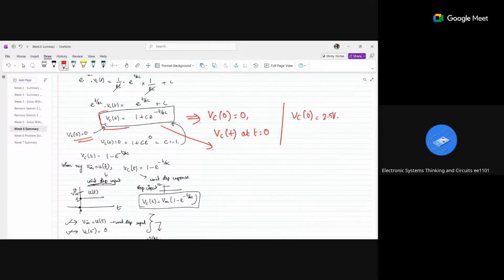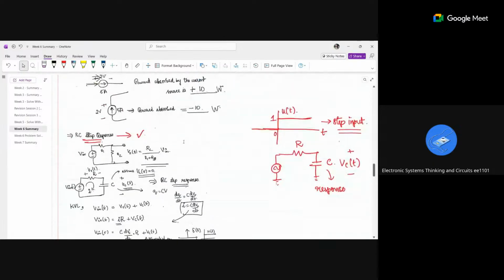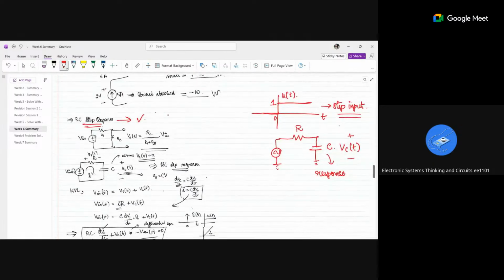So you take this equation, apply this condition at time t equal to 0, apply Vc of t equal to 2.5, and find the value of C. Please check the calculation again. That problem I will solve after 5 minutes. You can write the answer in the chat box, okay?